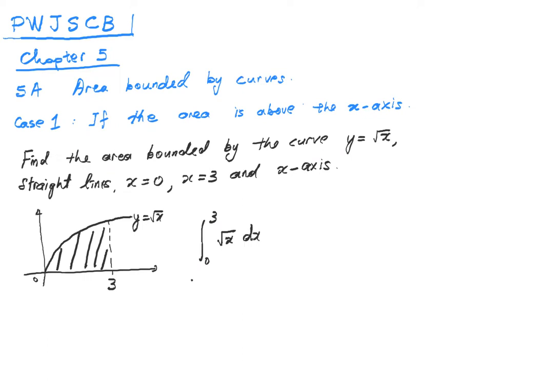So you can use your graphic calculator. You do your FNINT, correct? So your graphic calculator, you put 0 to 3. Since this is in your y1, you put y1, then dx. Then you enter, you will get that one. You call for math, FNINT.